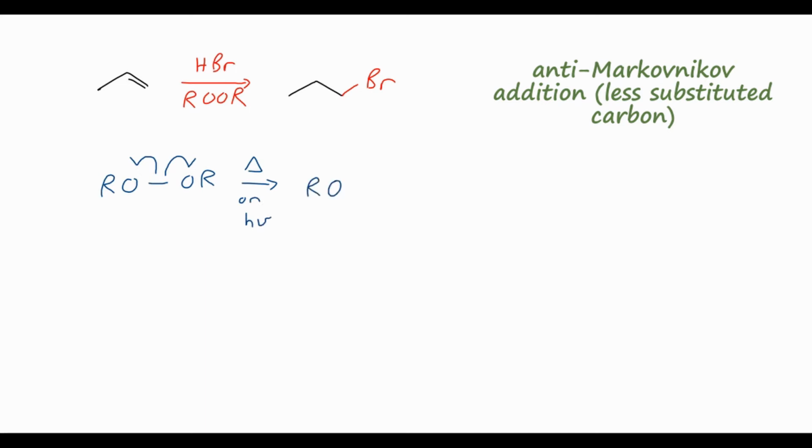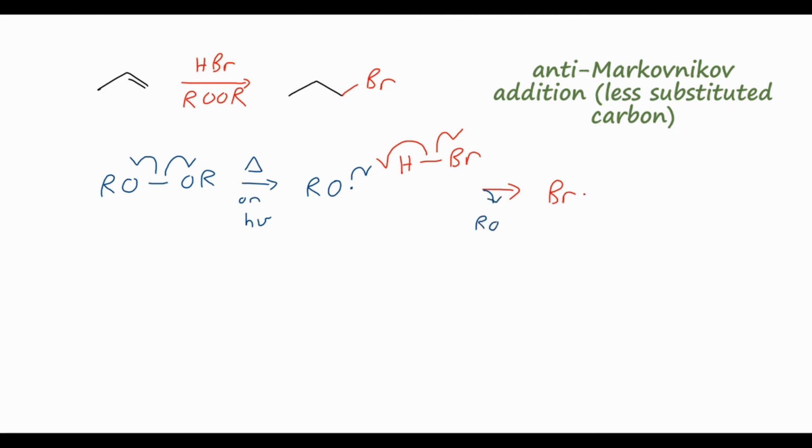And this is similar to the initiation step we encountered in radical halogenation of alkanes. And if you'd like some review on that, again, take a look at my video at the top of the screen. This oxygen radical can abstract a proton from our hydrobromic acid, again breaking that bond homolytically, giving us the bromine radical, as well as the alcohol as a side product.